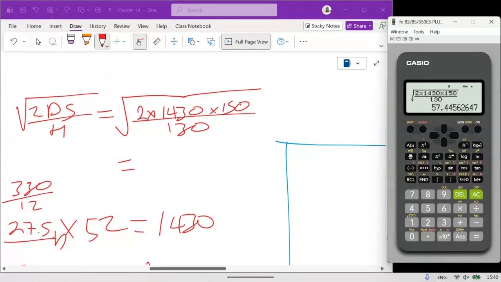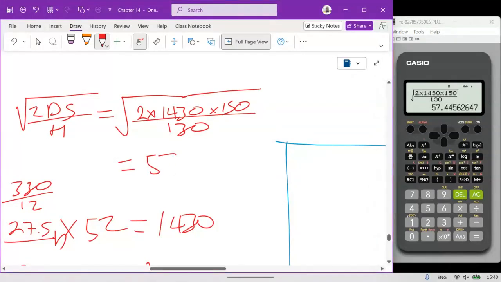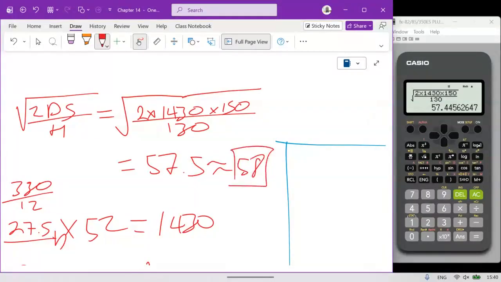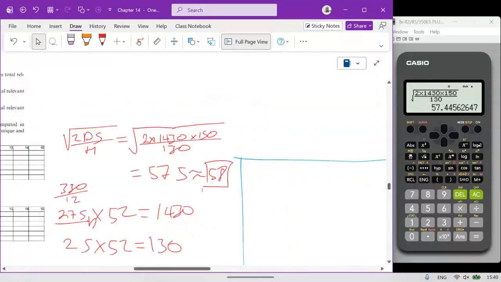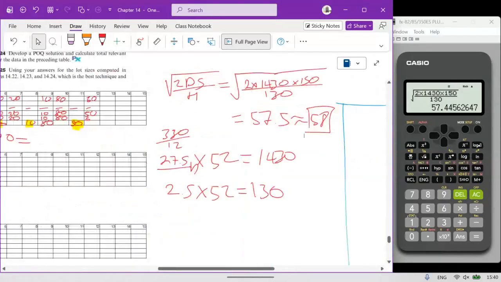That's 57. You can see it's 57.5, then 58. The book allows us to round up, so 58.